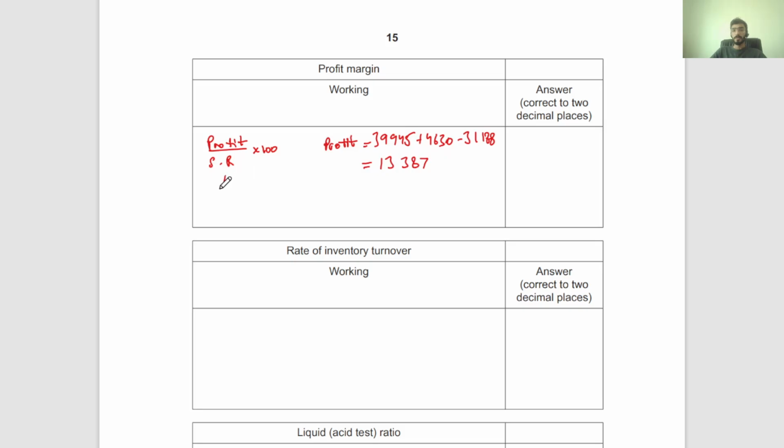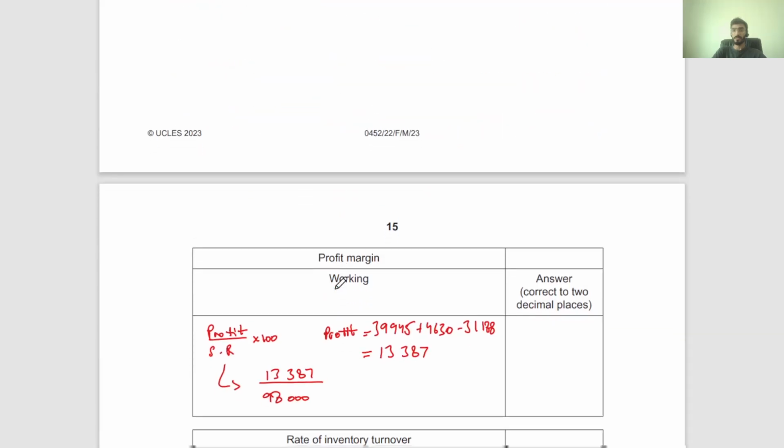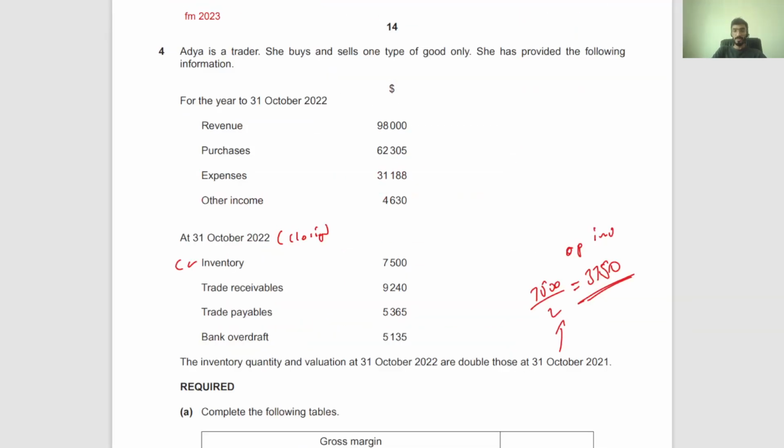Now we can use that formula. 13,387. Remember the sales revenue was 98,000. Let's be clear with that. Yes, that was 98, a second check.